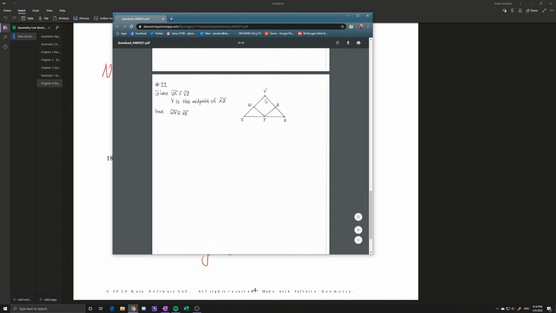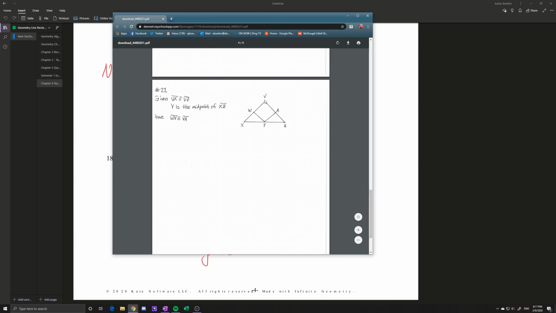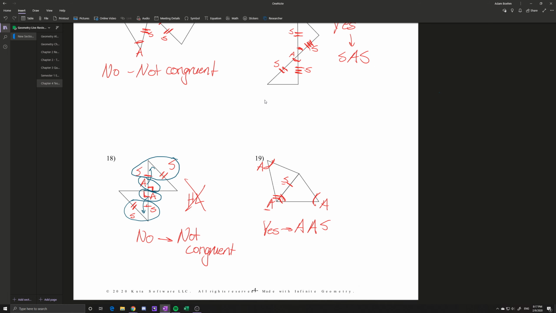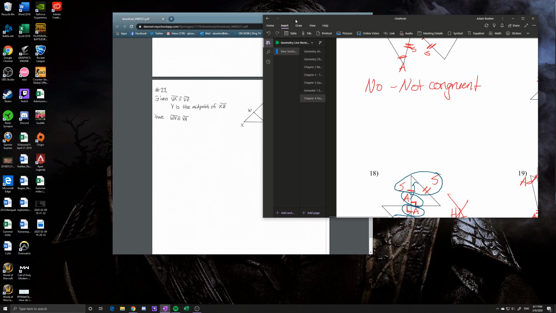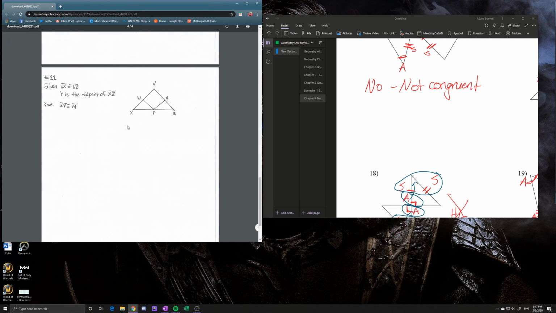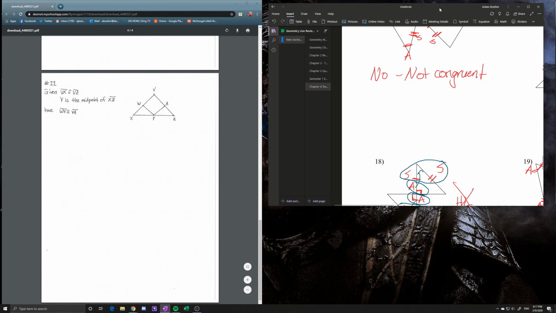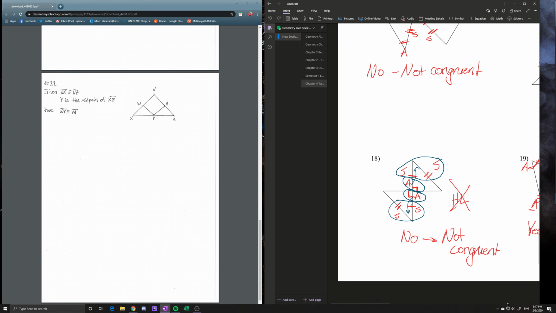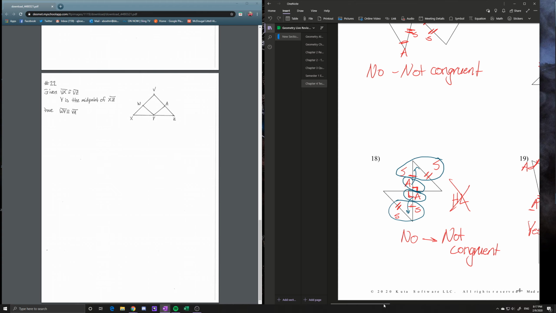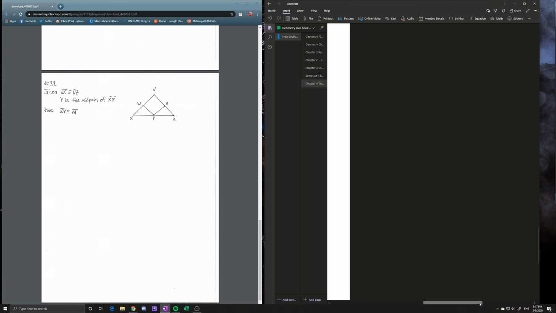What I will probably put on the test, if I can write on this, I can't, so I'll write over here. I think what's missing is VW.